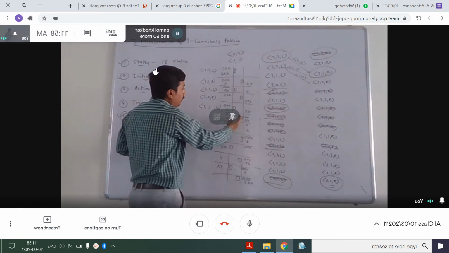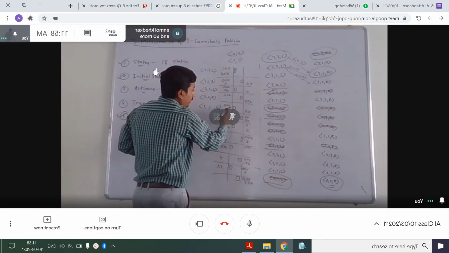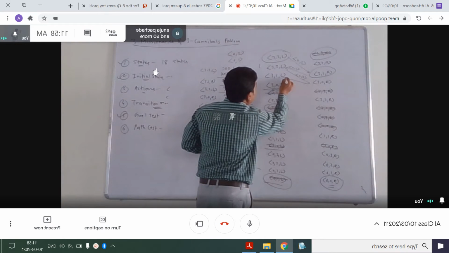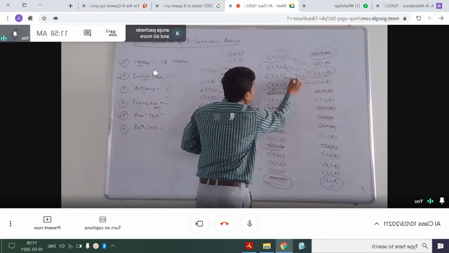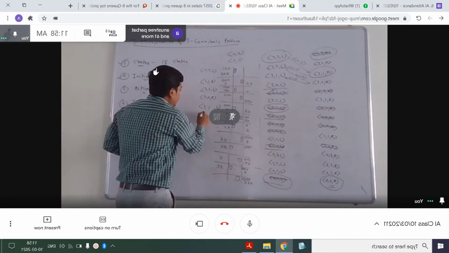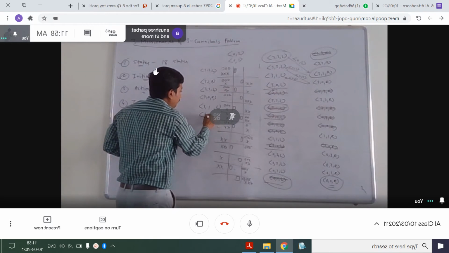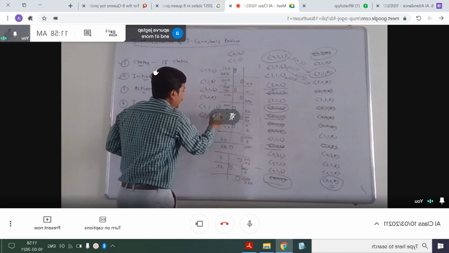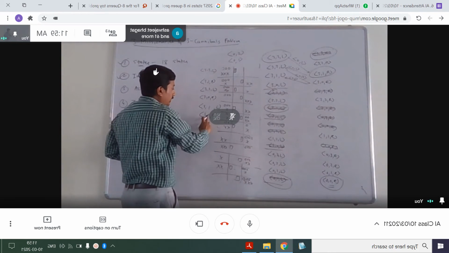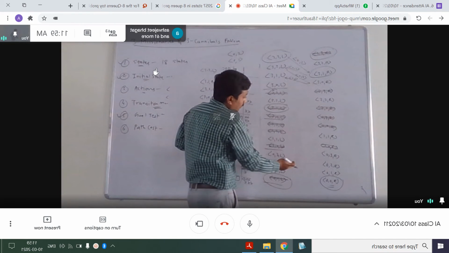And what was the movement? 1 cannibal traveled, 0 1 L. From here 0 1 L, 1 cannibal traveled. Next here we have 1 1 and the boat is on the right side. These are states of the left bank only.